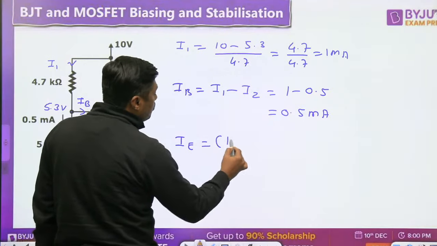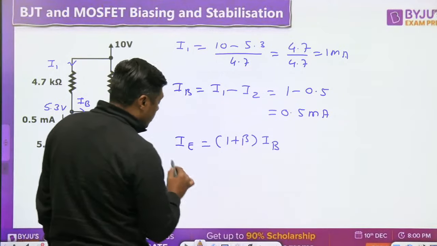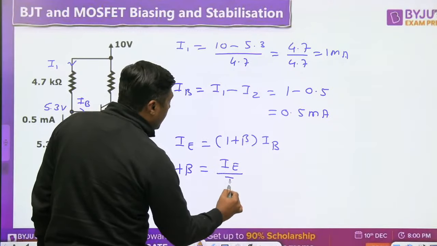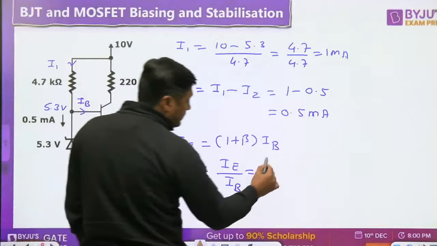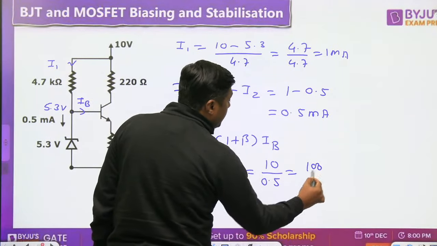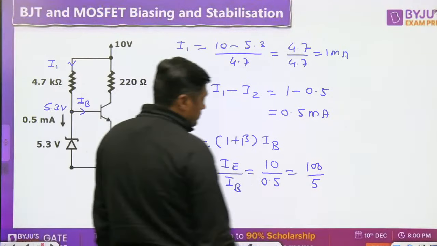IE is equal to 1 plus beta times IB. So 1 plus beta is equal to IE upon IB. That is 10 milliampere divided by 0.5, that is 100 by 5. This is 20.